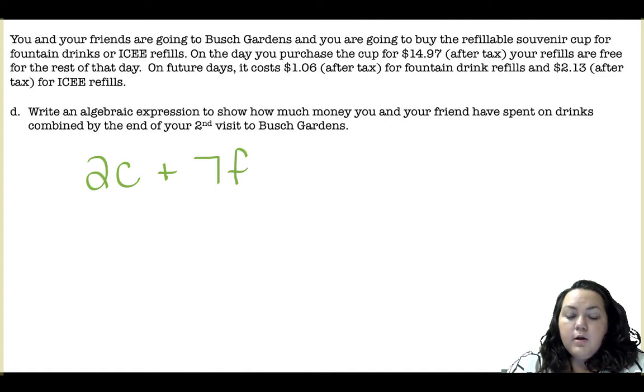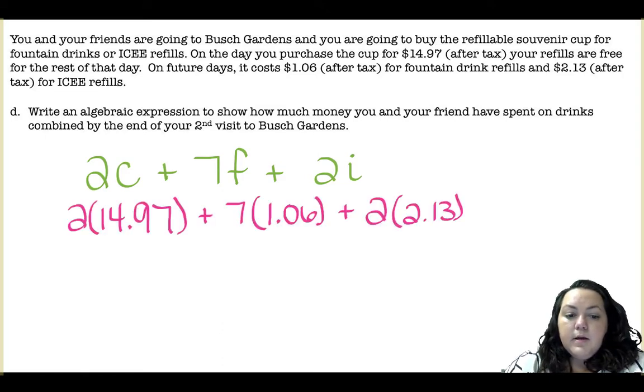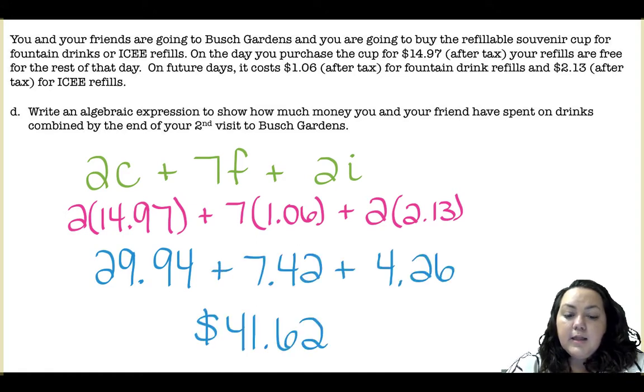You bought 4 and your friend bought 3. And then 2 times i, because only your friend bought 2 icy. If I plug in the values, the cup was $14.97, so for c, plug in $14.97. Each fountain drink refill was $1.06, so for f, I plug in $1.06. And each icy refill was $2.13, so I plug that in for i. When I multiply each one and add them up, I end up with $41.62.